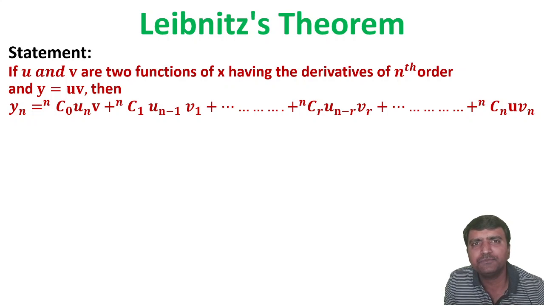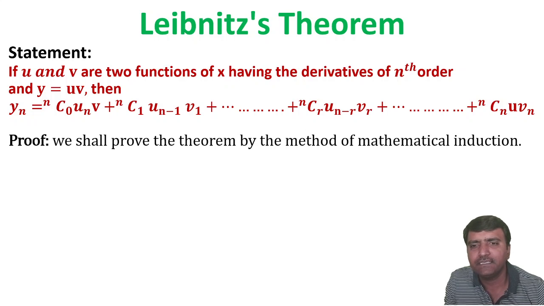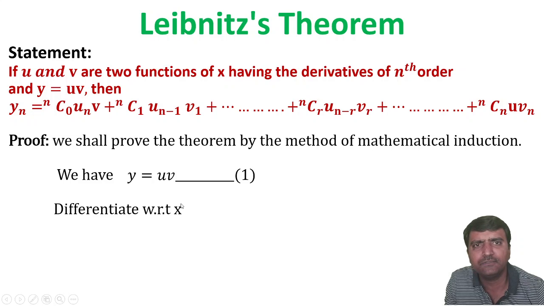In previous classes you must have studied the method of mathematical induction. Here, to prove this theorem, we use the same thing. First take the function y equal to uv. By the method of mathematical induction, first we have to show that the result is true for n equal to 1. n equal to 1 means y_1, the first differentiation of y.